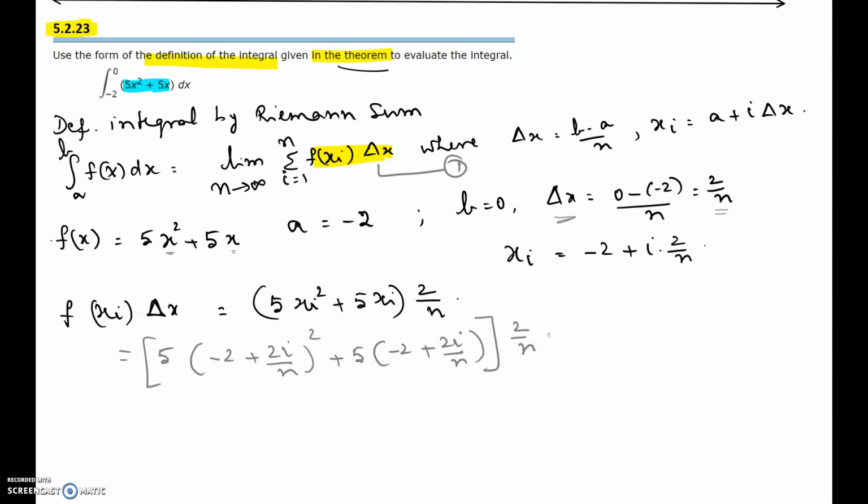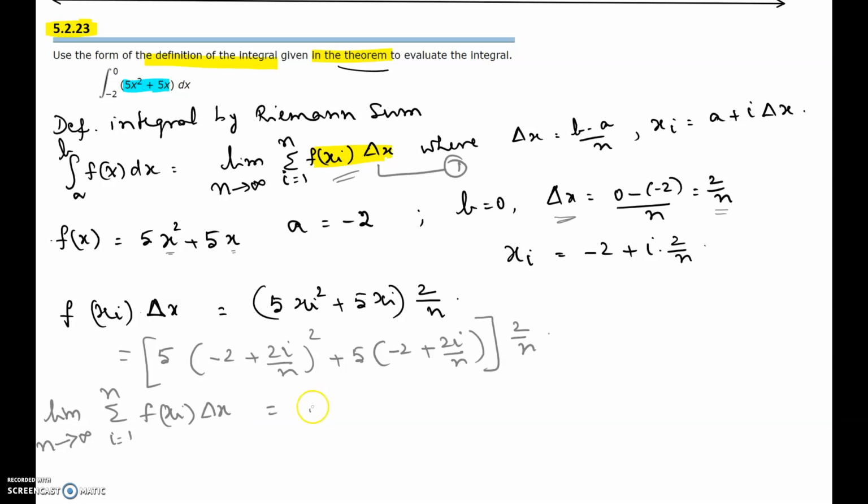So that is for delta x. Now we have to take the limit and also get back to the definite integral part. So now let's take the sigma and then take the limit. The limit as n approaches infinity of the sum from i equals 1 to n of f(x_i) delta x is pretty much the expression in this step.